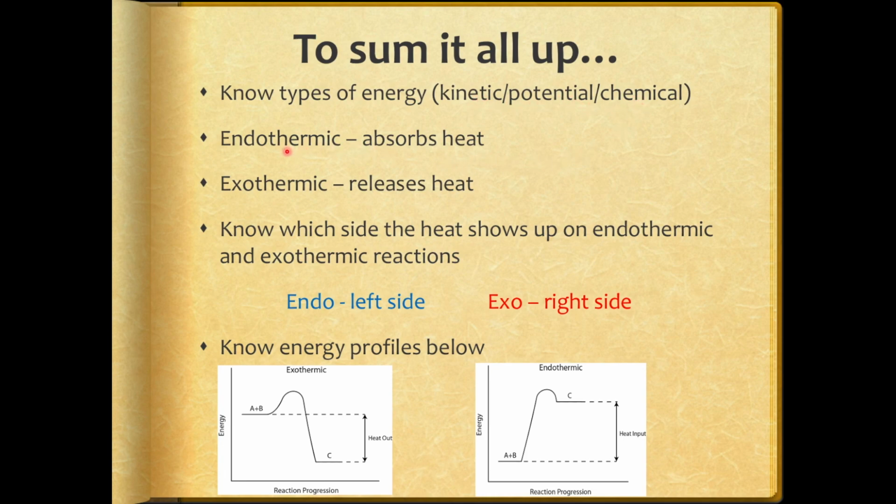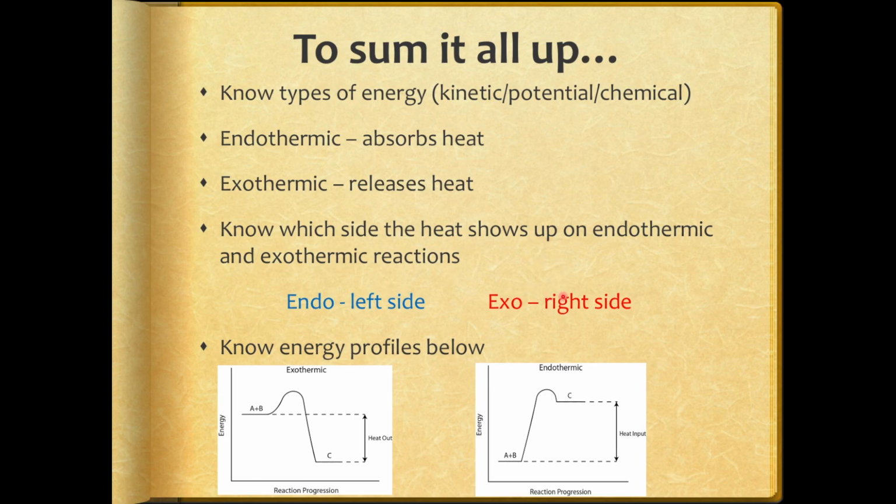And then endothermic reaction is where it absorbs heat. Exothermic reactions are when it releases heat. Know which side of the heat shows up on endothermic and exothermic reactions. So endothermic reactions show up on the left side. The heat term shows up on the left side. The kilojoules or the joules shows up on the left side.